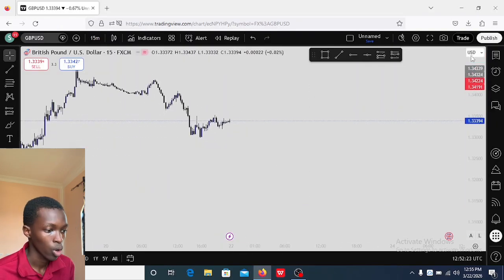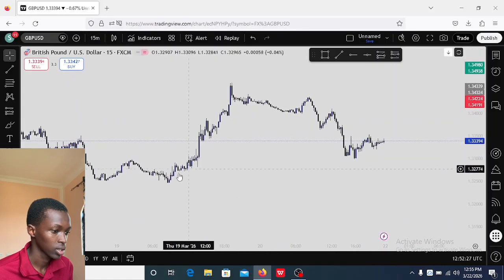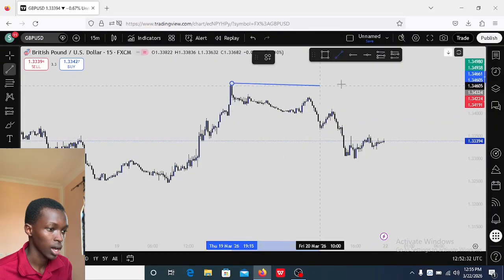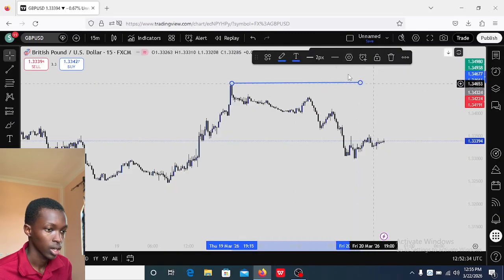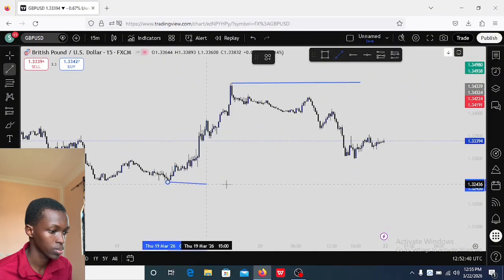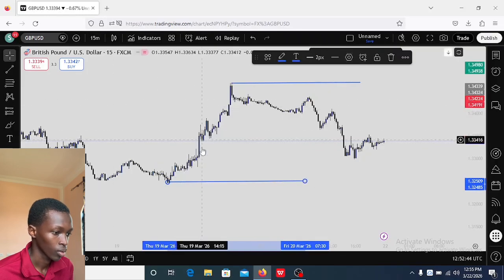With the 15 minutes time frame, I have to start marking now. This is a high, and this is a low. Then I can see a break of structure here.